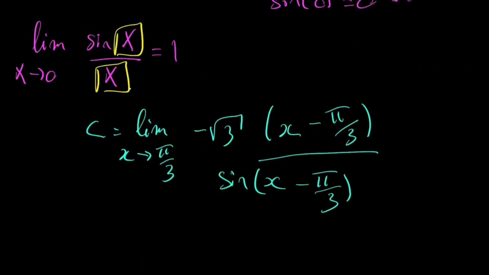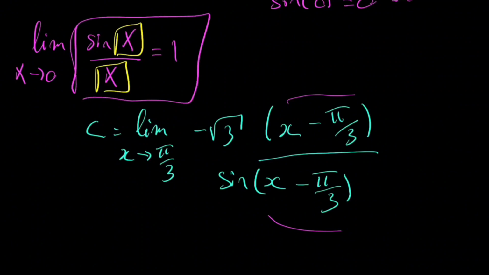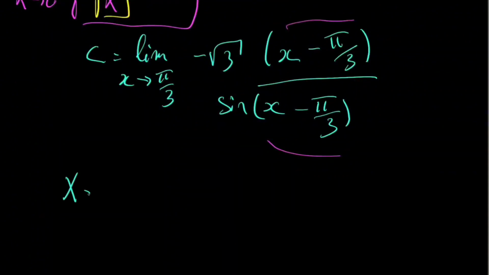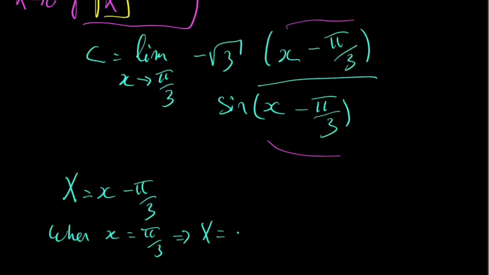These two things are the same. So let's call capital X equal to x minus pi over 3. So when x tends to pi over 3, it implies that capital X tends to 0.